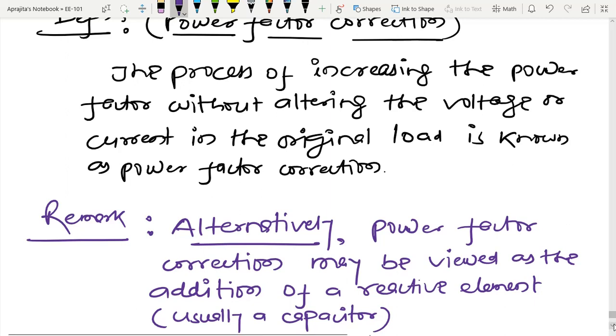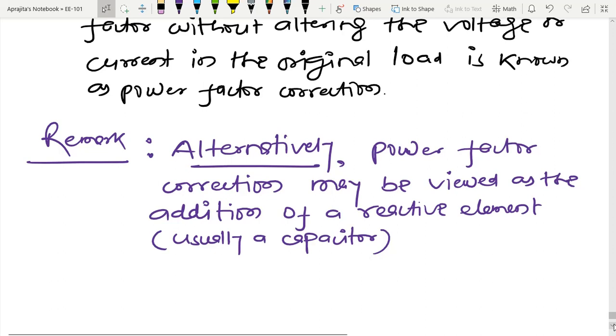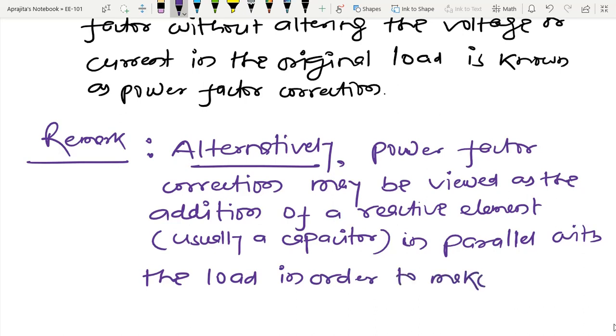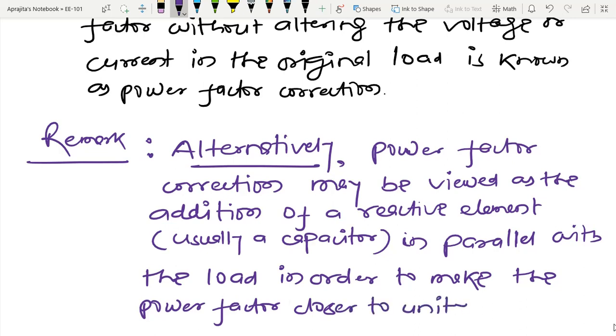Most of the time, in domestic or industrial use, we are adding capacitors, because most of the time our load is inductive in nature, in parallel with the load in order to make the power factor closer to unity. That is our goal.